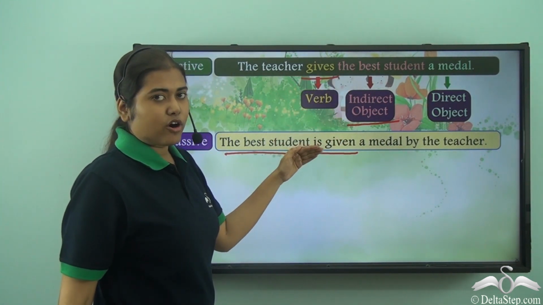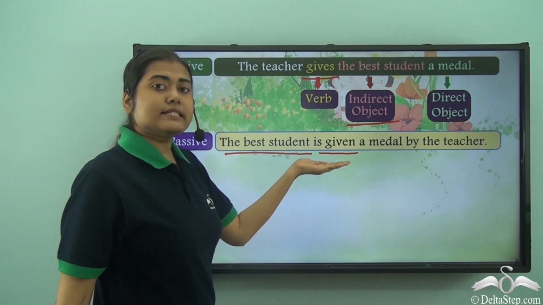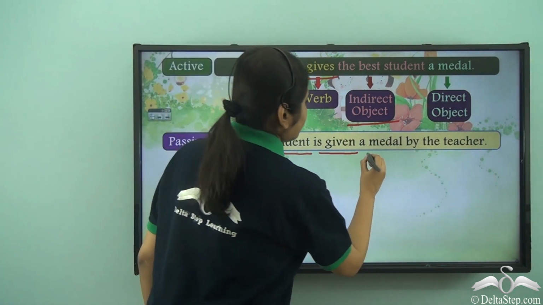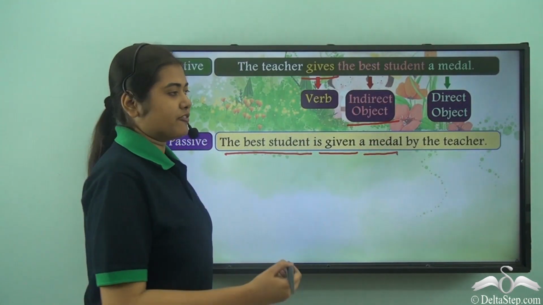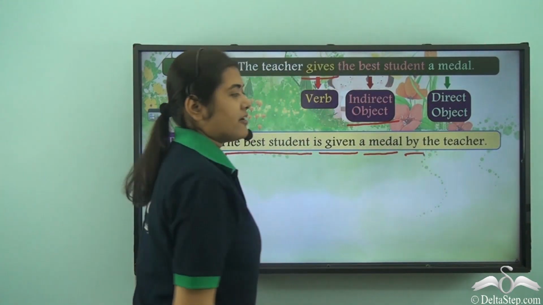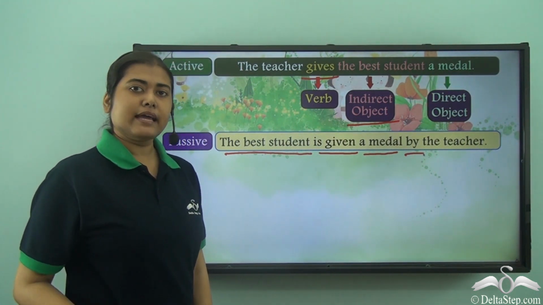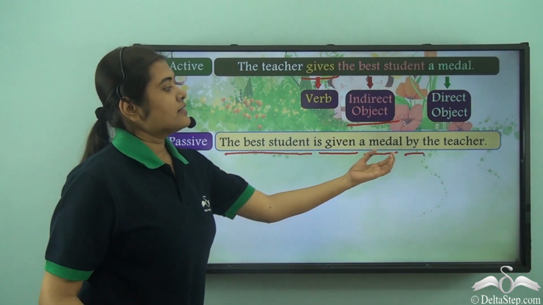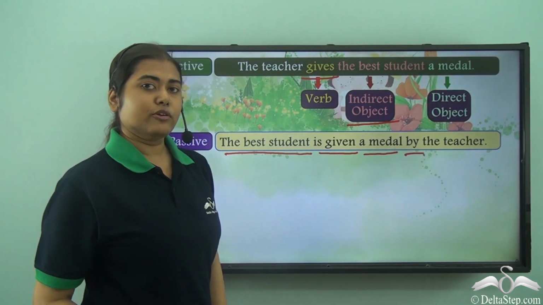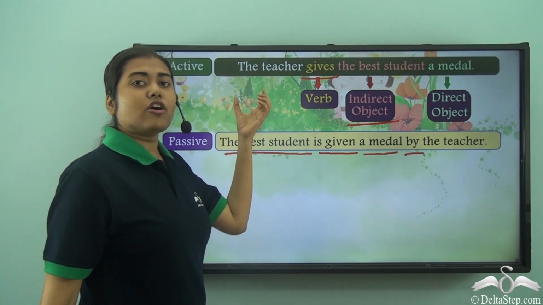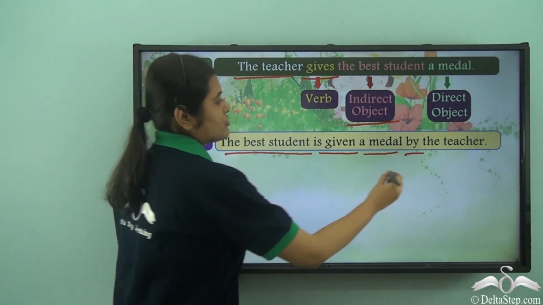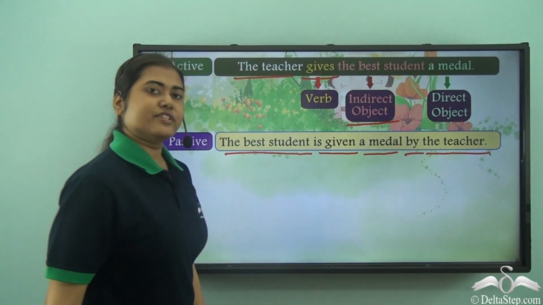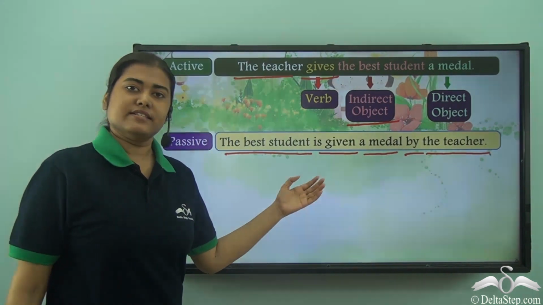So in the passive voice, it takes the form is given. Then we have the direct object, a medal. After that, we have used the preposition by, and finally, this preposition by is followed by the doer of the action. So, the doer is the teacher. So, teacher comes after the verb in the passive voice.